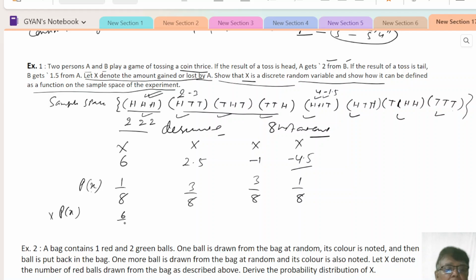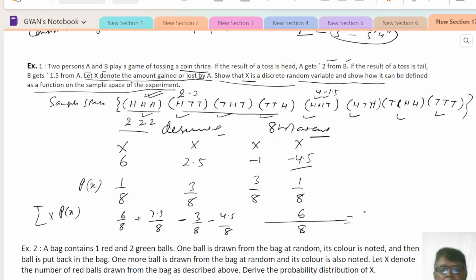That is 6 by 8 plus 7.5 by 8 minus 3 by 8 minus 4.5 by 8. This is sigma px, so 6 by 8.